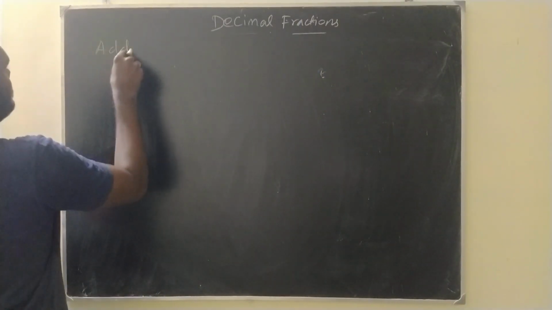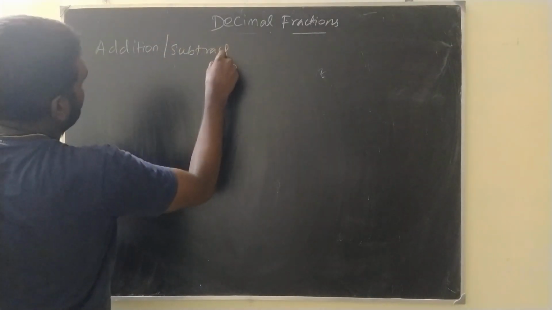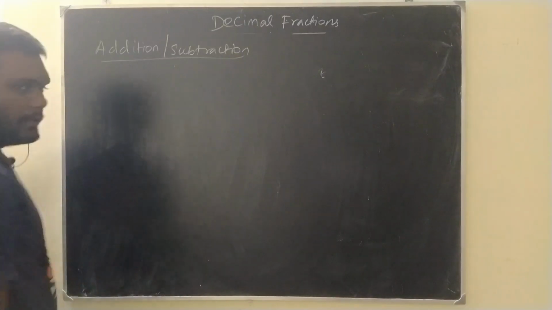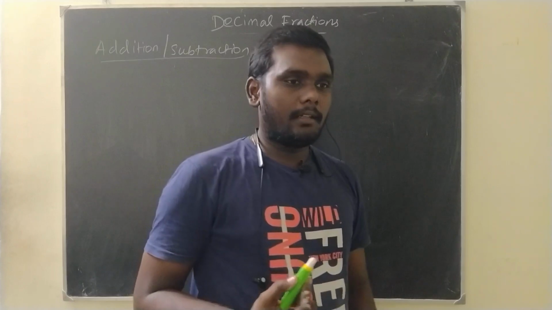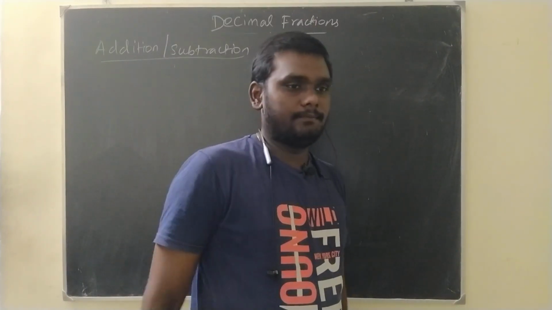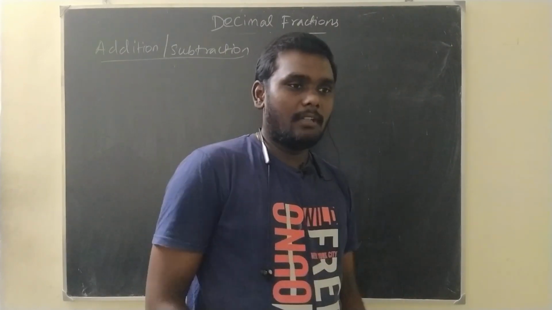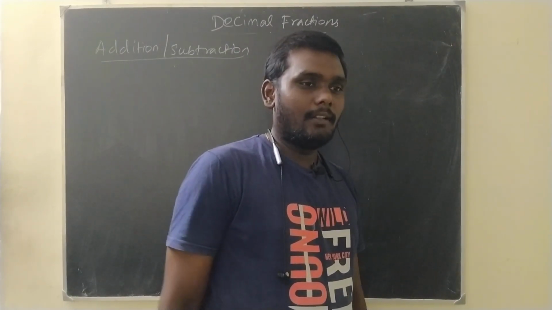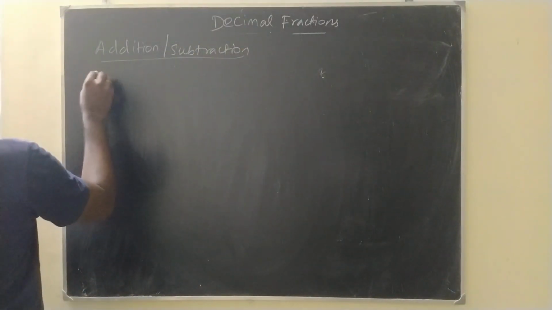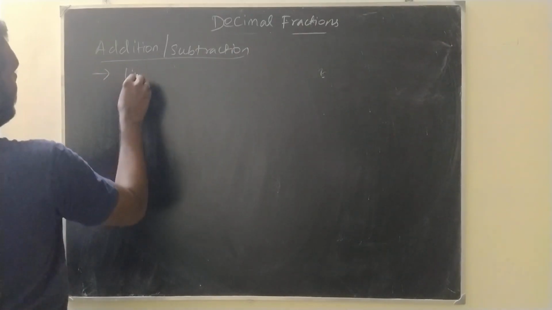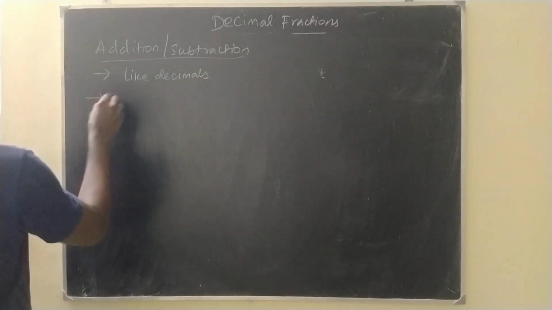Addition or subtraction of decimals. We can add or subtract only like decimals. If they are unlike, we should convert them into like decimals by adding zeros at the last. That is the condition. Okay. So the first thing, they should be like decimals.